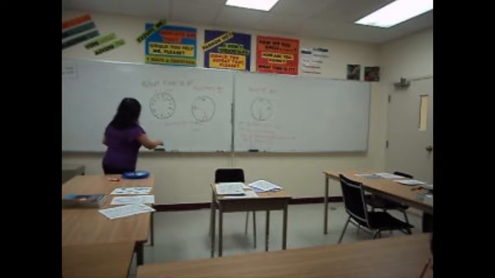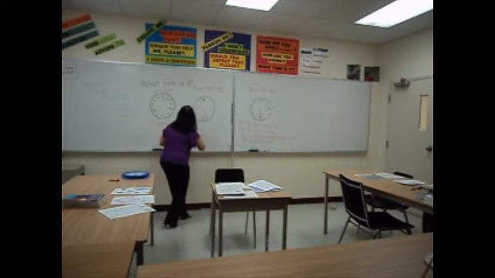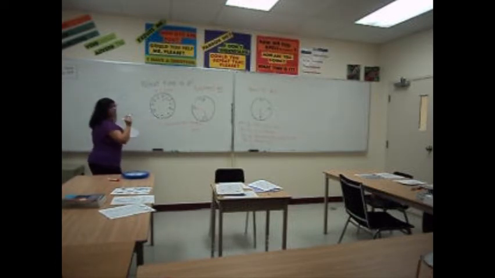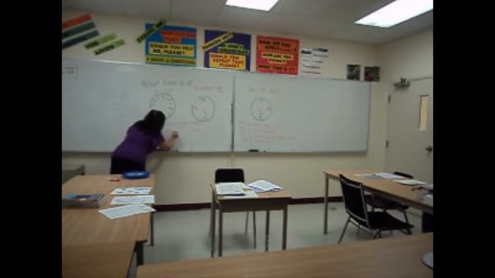Okay, I'll write it for you. Green won't pick up, so let me use the black one. So if I say what time is it now? The answer would be, it is 8:50.